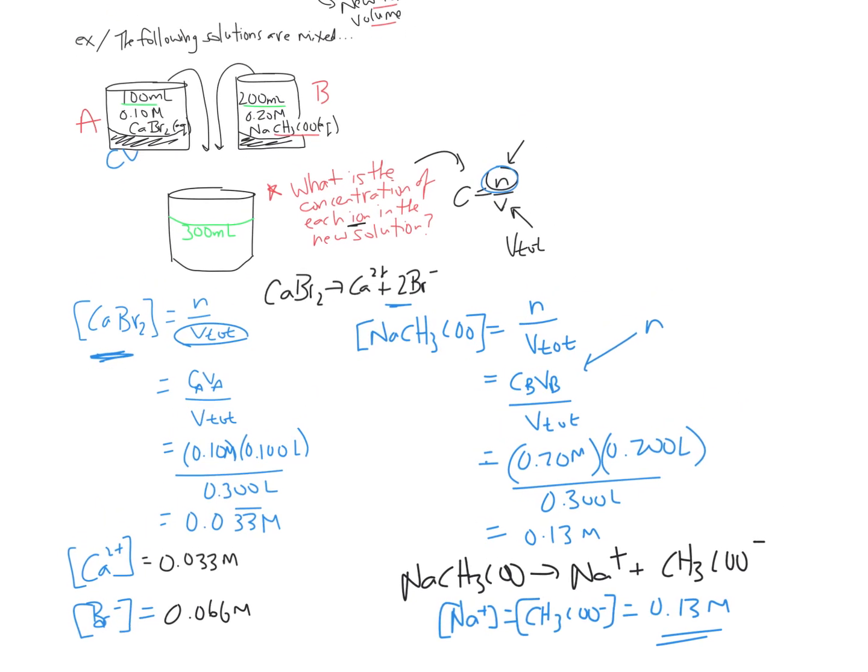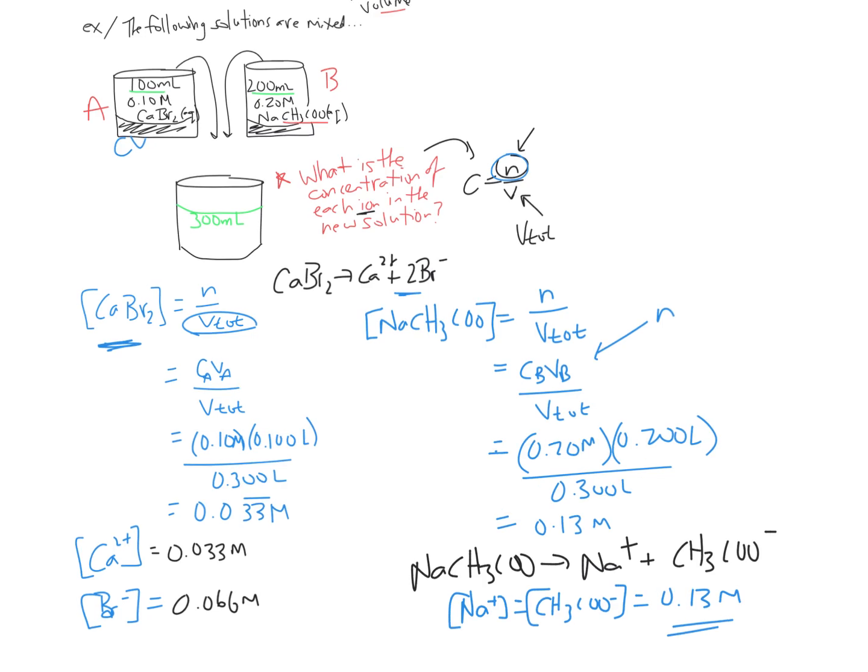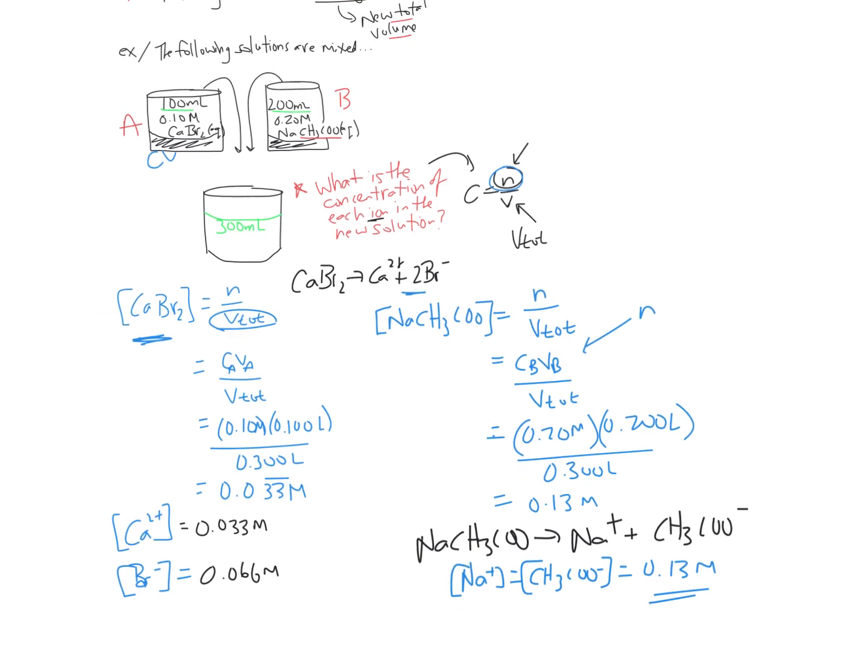We're mixing them together. Really, the thing to respect is that all the moles come from the initial solutions, and there's a new total volume to find your new concentrations.